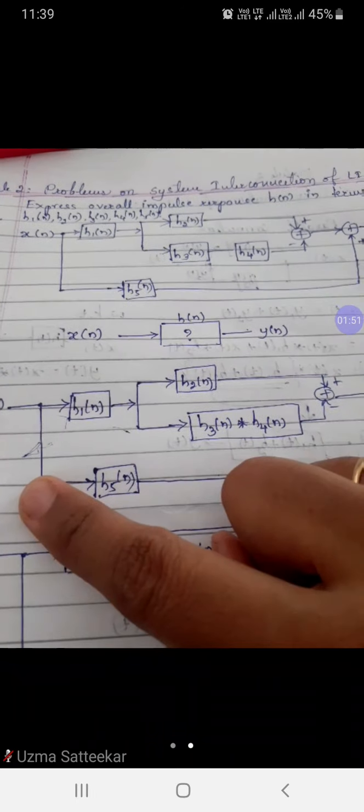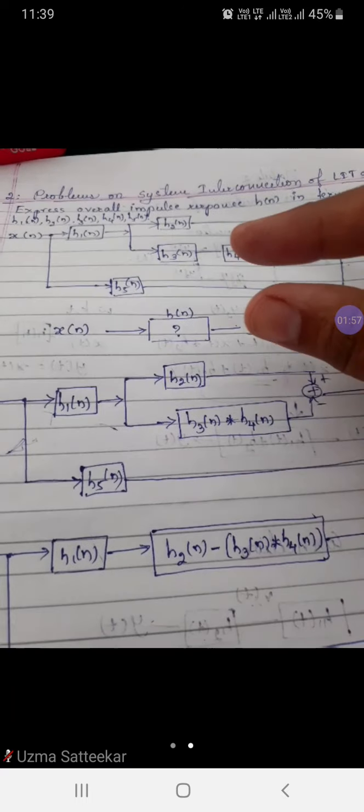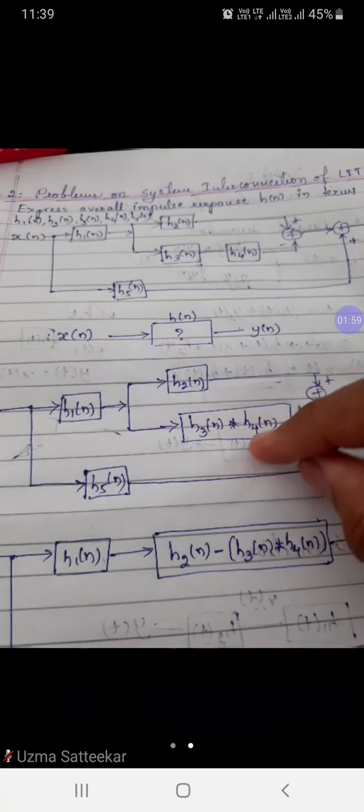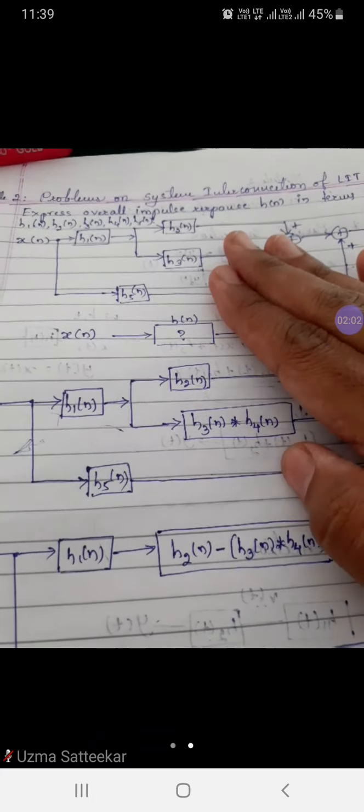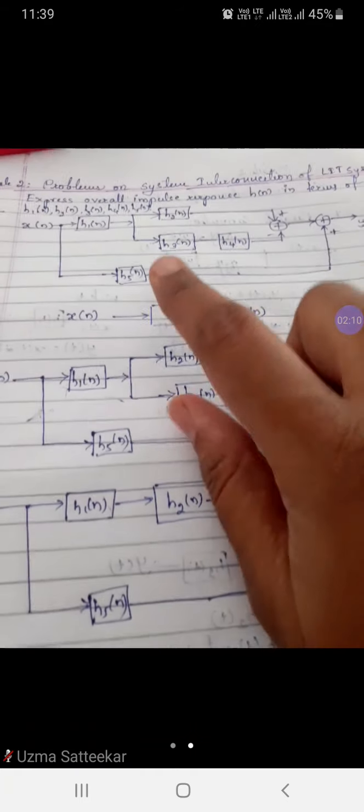Or the best way is to redraw the blocks again and again, showing what you have done. I have redrawn the blocks every time I have applied a series or parallel connection.